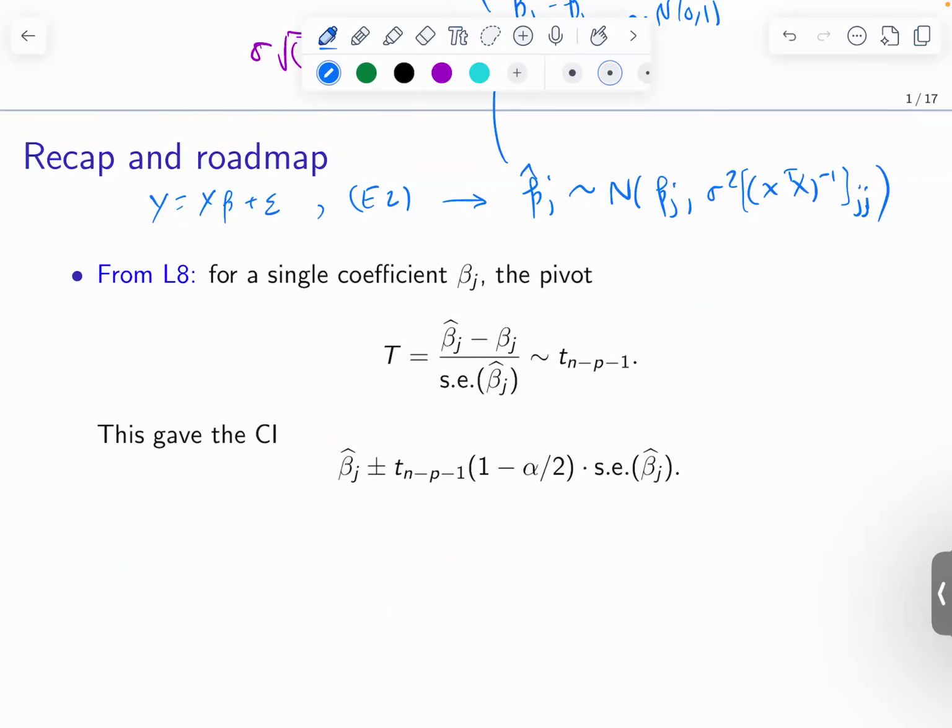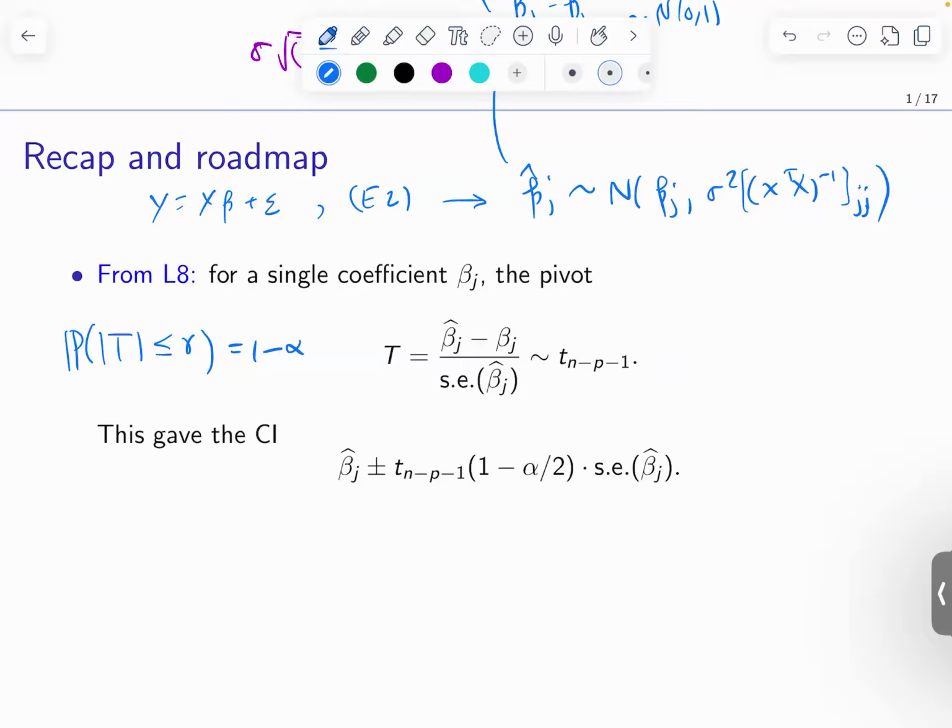Basically, I'm going to look at the event that the probability that the size of t is less than or equal to gamma. I choose gamma to set it equal to 1 minus alpha. This can be done because the distribution of t, sorry, the capital T, is a t distribution.